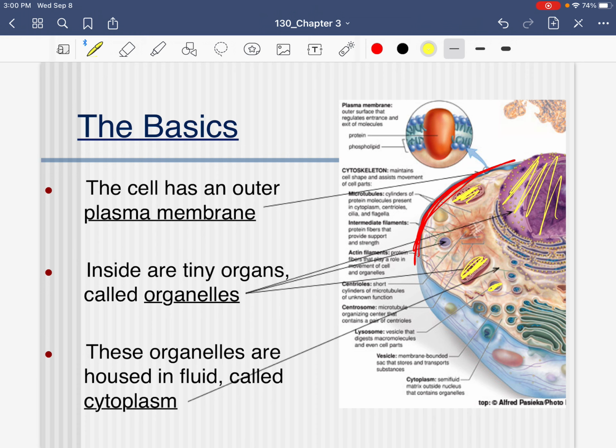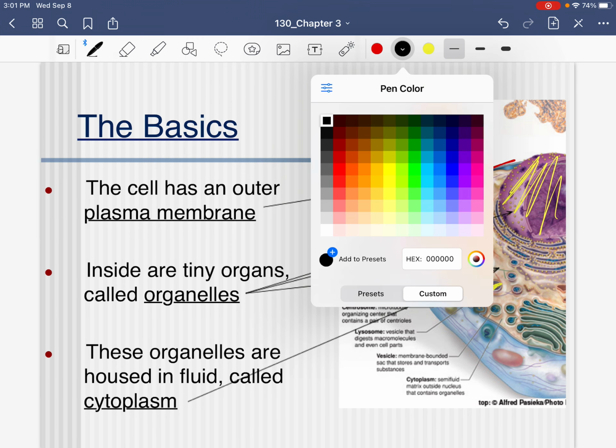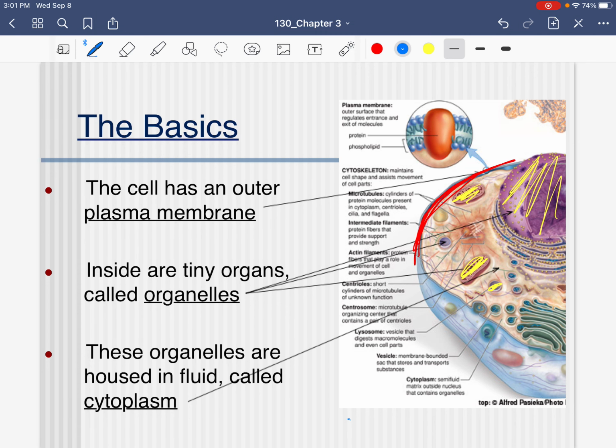So all of these bits and pieces, even the nucleus, is an organelle. It's a mini organ. And these organelles are, let me change a different color here. Why don't we do blue? These organelles are housed in a fluid called the cytoplasm.